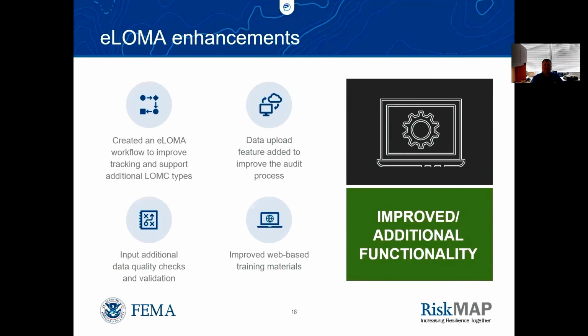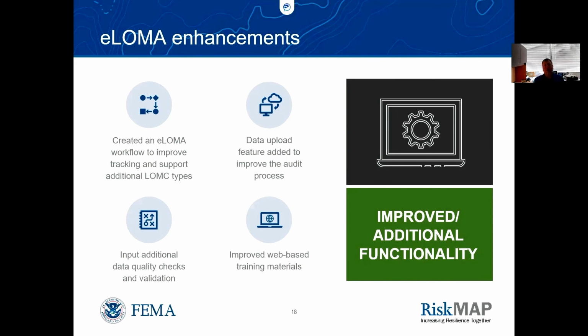So some enhancements that have been made to the eLOMA tool, or what we'd like to make to the eLOMA tool: we'd like to introduce a workflow so it's easier for us to track the eLOMAs through the entire process, not only from the licensed professional side, but also from the FEMA side as the auditors review these. We'd like users to be able to upload data throughout the process.